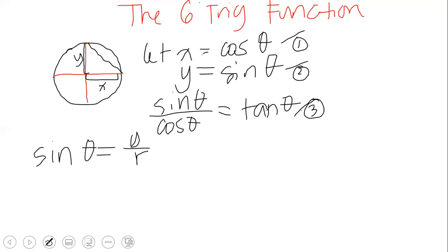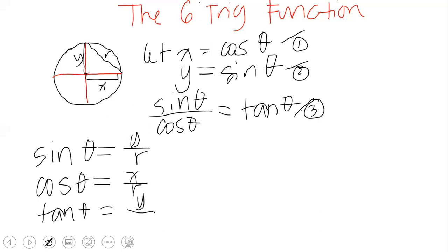And if you also have the cosine theta, it is also represented by x over r, where r is the radius based from the unit circle. And you also have the tangent theta, which is equivalent to the ratio of y's over x's.